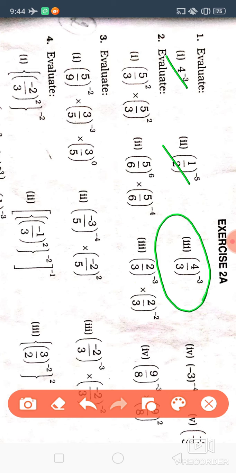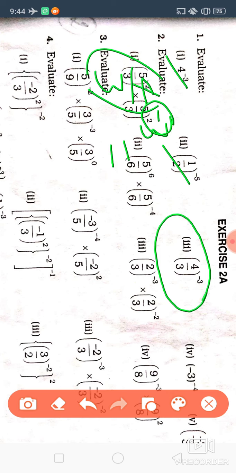Okay. What is given here? 4 by 3 to the power minus 3. Yesterday only I have told you the laws related to this type of problem, that whenever there will be minus sign in the exponent, we have to make it first plus. So how will make it plus?